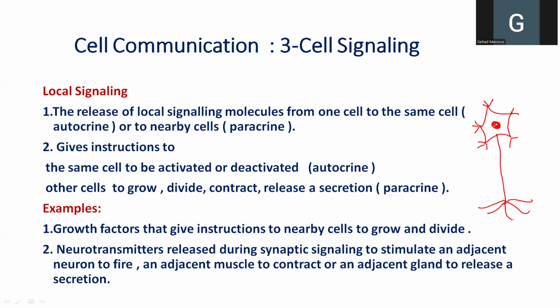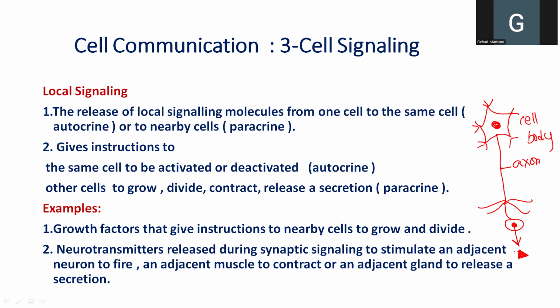This is the axon, and this is the cell body. The terminal arborization, or terminal branches of the neuron, have swellings, and these swellings have vesicles, and these vesicles secrete chemical substances which are called neurotransmitters.